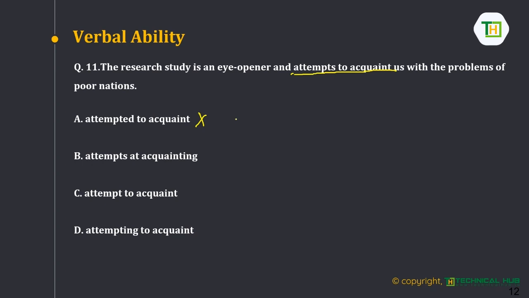So obviously "attempts" should come, in simple present tense. The second one, "acquainting": we have to use the -ing form here. Acquainting us with the problems of poor nations.